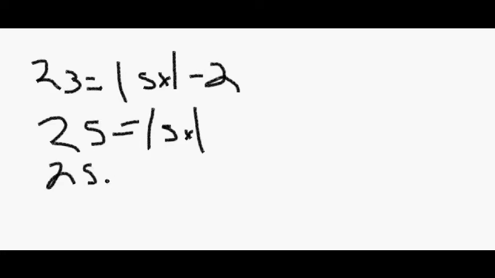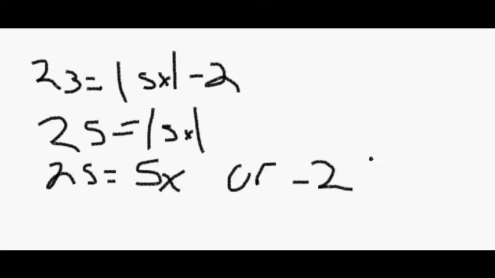So you'll have 25 equals 5x, or negative 25 equals 5x. So you'll have two answers after you're done. That's how the absolute value works. We haven't really gone over too much, that's why I helped you out with it.